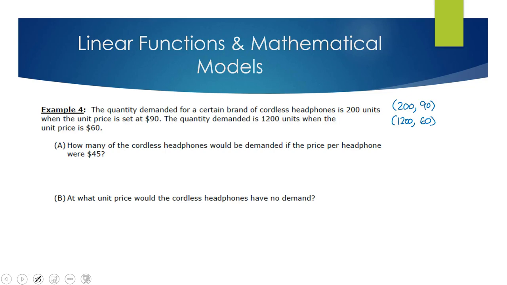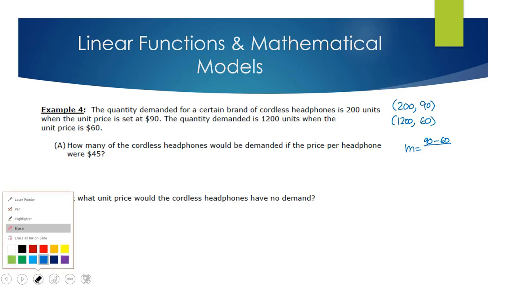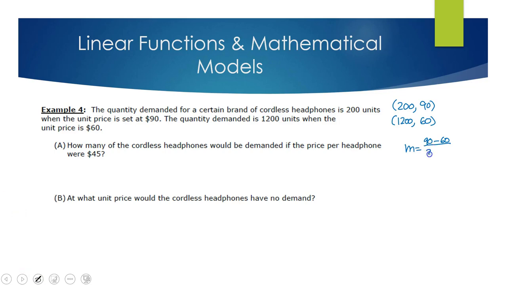Now, as we go through this, I'm going to figure out this slope. It is 90 minus 60 over 1200 minus 200. Oh, sorry, I reversed that. I did the cardinal no. I started with the 90, which means I had to start with the 200.